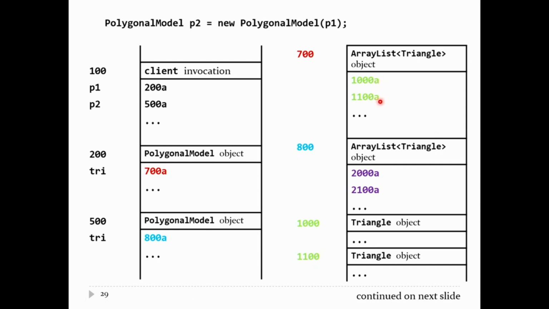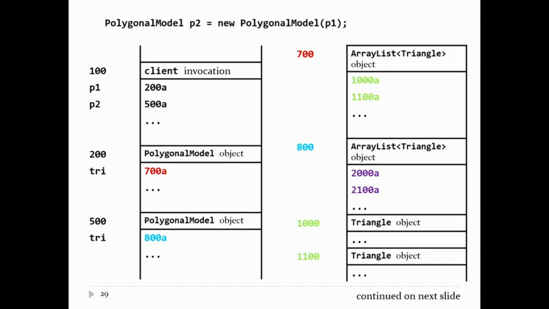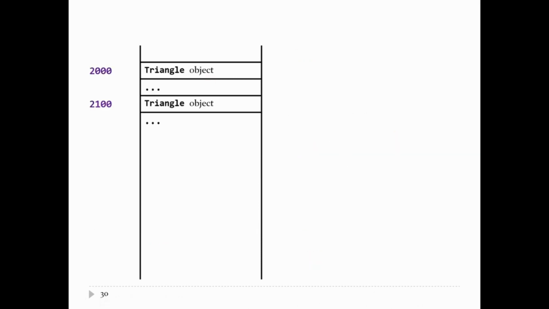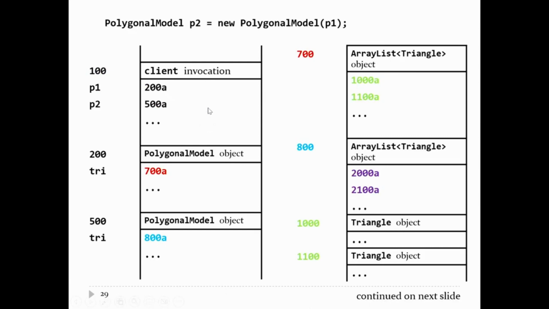The first list has references to the two triangles here, and the second list has references to the two triangles on the next slide. And so now we've got two models, two lists, and 4 triangles. In other words, each model has its own triangles.